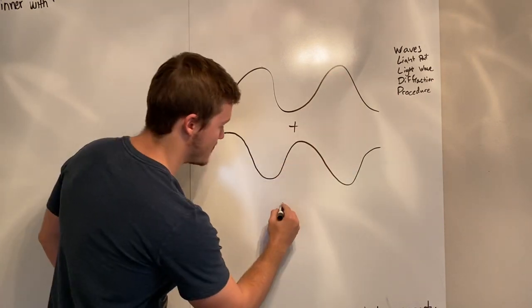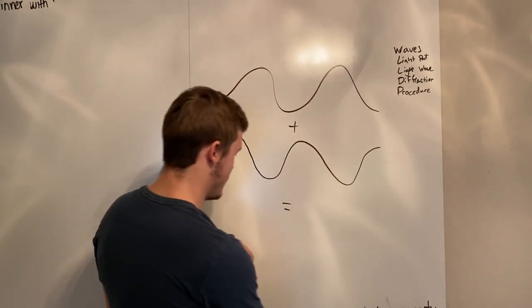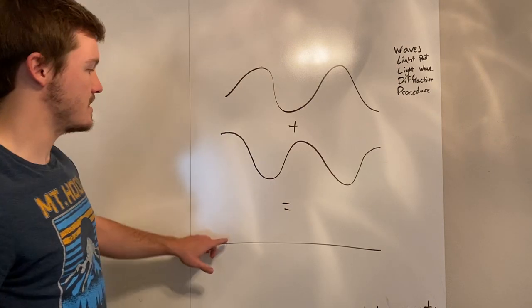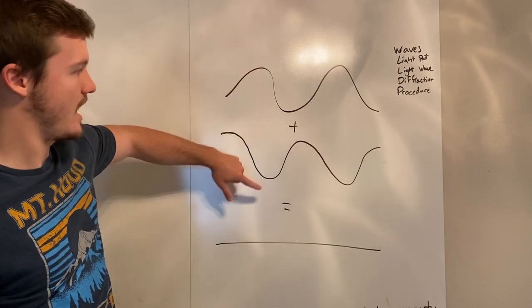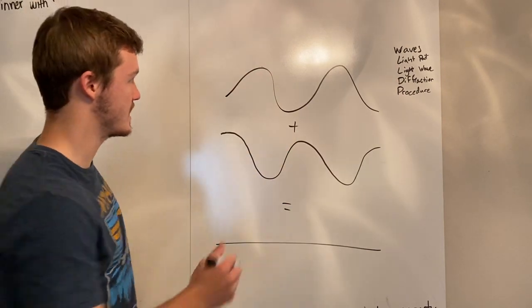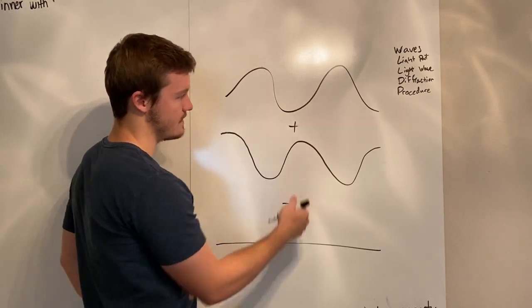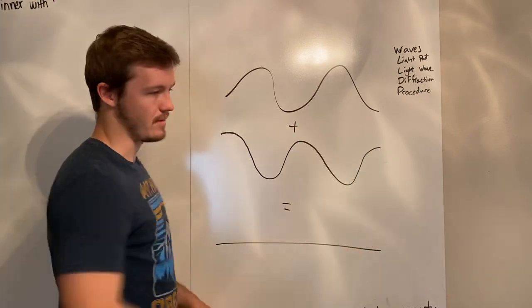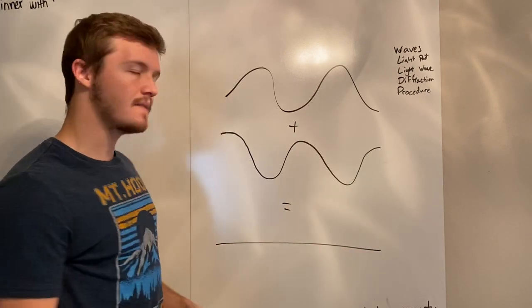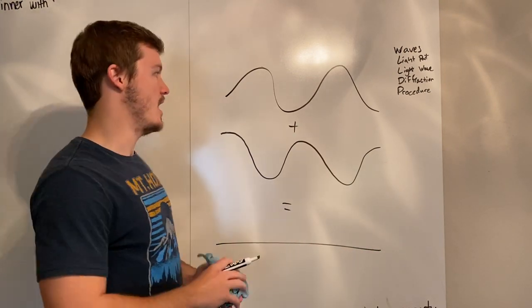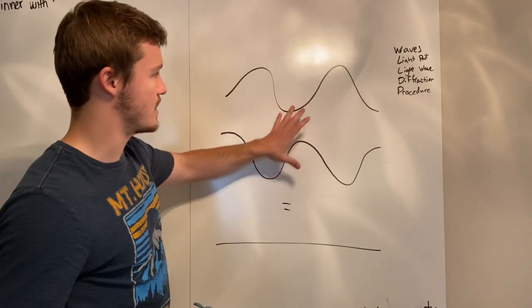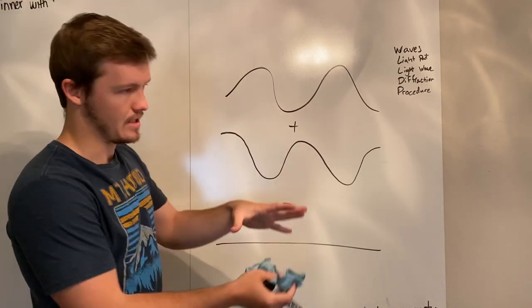And what this ends up giving you is nothing, right? Every point on here cancels out with the other wave because this one's positive, this one's negative, this one's positive, this one's negative. When you add them up, they cancel out and give you nothing left over. That's called destructive interference. That's where the waves interfere in such a way that they cancel each other out.